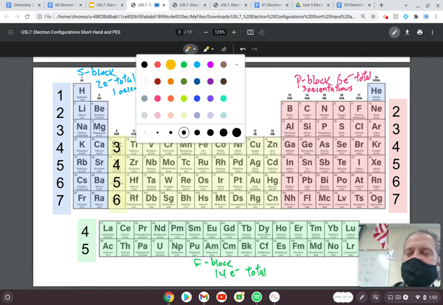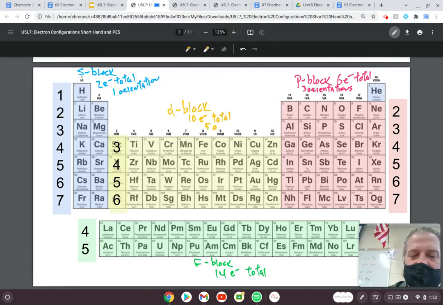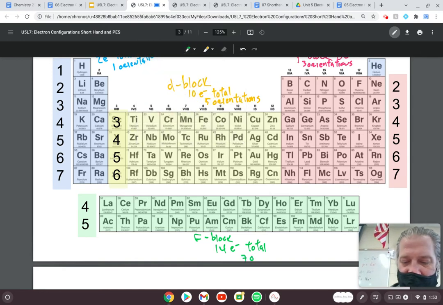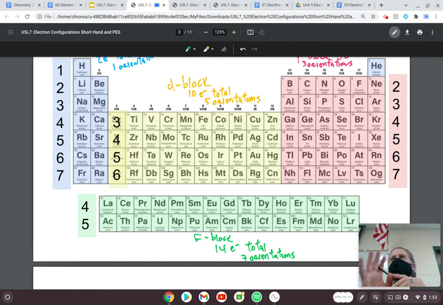The D block has 5 orientations. And the F block has 7 orientations. The reason I'm taking time to talk about the number of orientations is that for some of you who are struggling with this a little bit, each orientation is the number of dashes that you would use when you're writing orbital notation. We'll touch upon that in a minute.